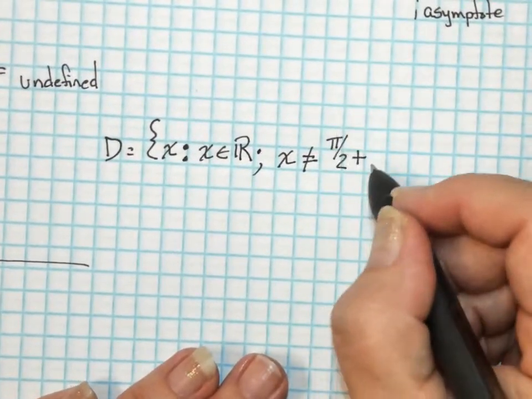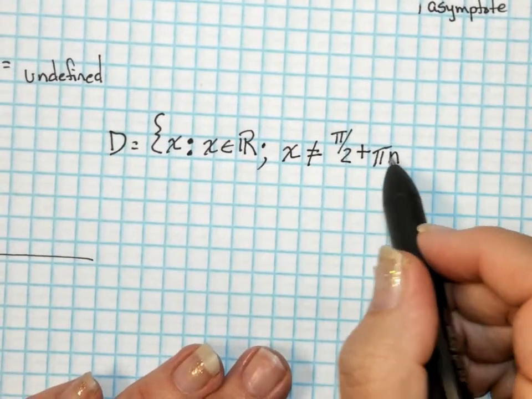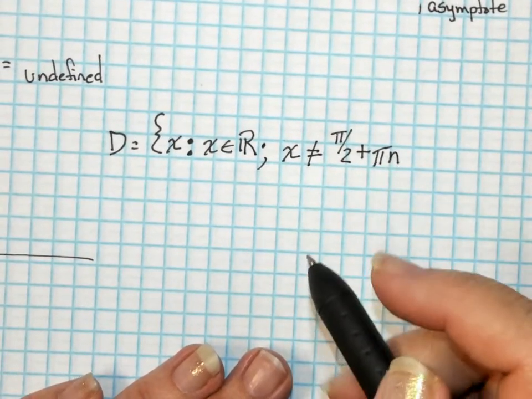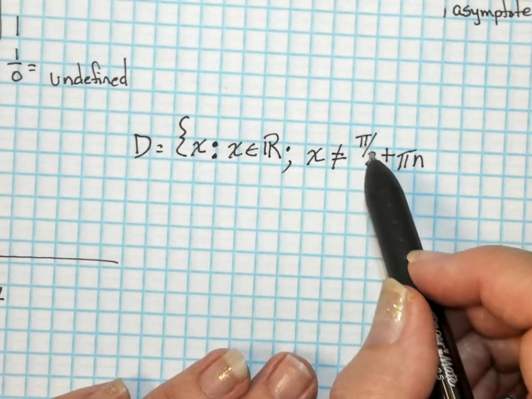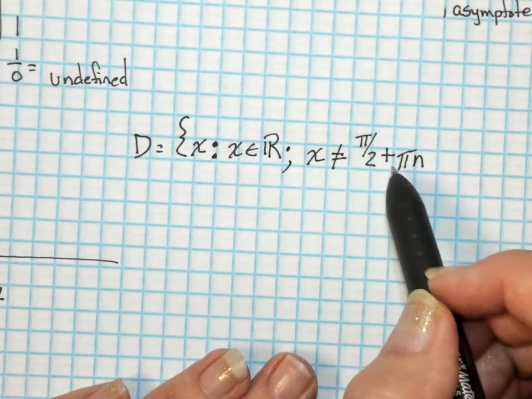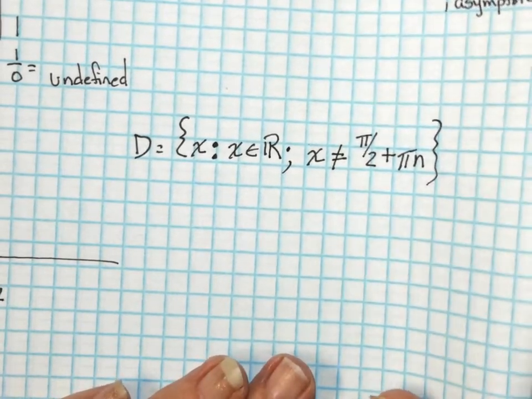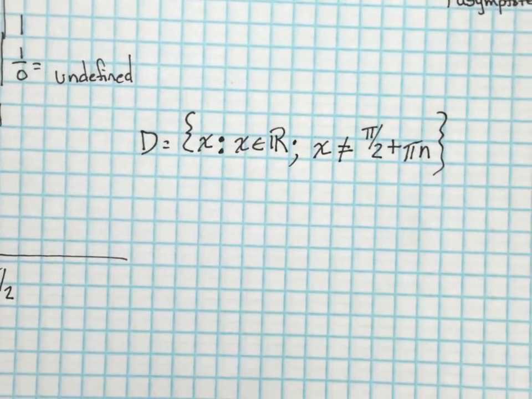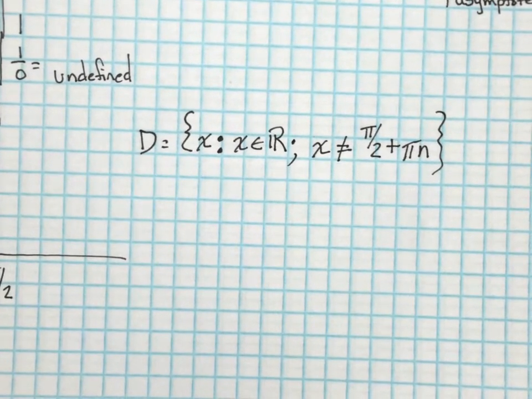So pi over 2 plus pi times n, or n times pi, right? Either way. Every time you're at a multiple of pi over 2, you've got an asymptote. So your domain is very restricted here. You've got lots of things that are undefined.